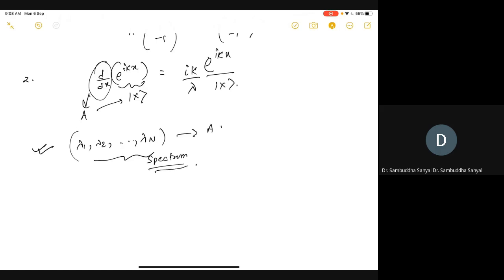You will often see us say the spectrum of an operator, or the spectrum of a Hamiltonian, energy eigenvalues, and so on. If these are the eigenvalues of an operator A, then for the power operator A to the power m, the eigenvalues are lambda 1 to the power m, lambda 2 to the power m, and so on, up to lambda n to the power m.